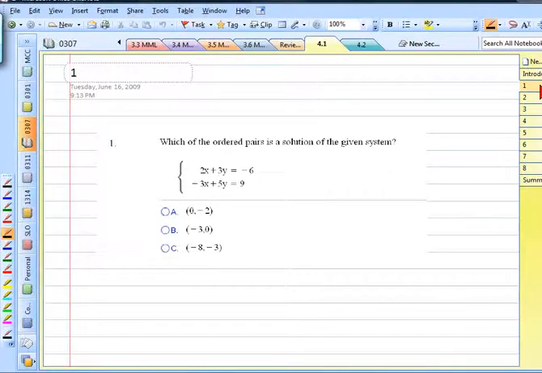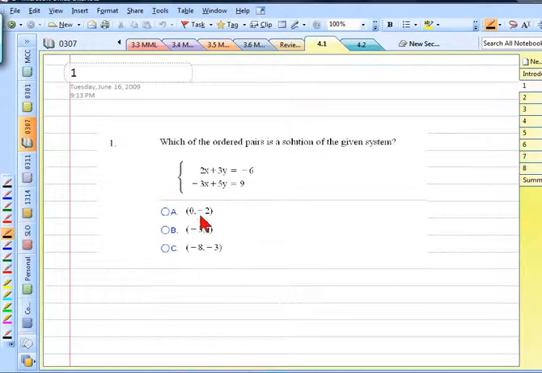All right, I actually have 3 separate problems to do here. It says, which of the ordered pairs, and I have choice A, choice B, and choice C, which of the ordered pairs is a solution for this given system? All right, what does it take to be a solution? A value that makes the statement true.